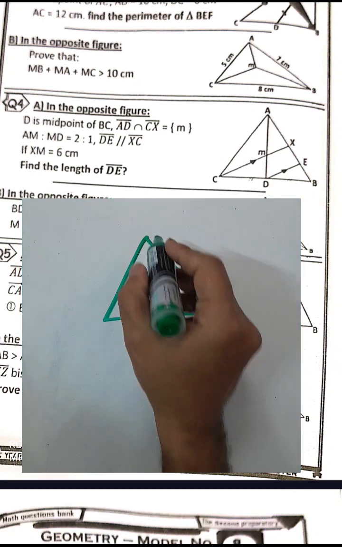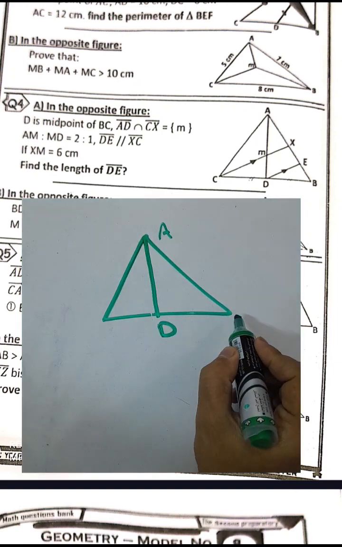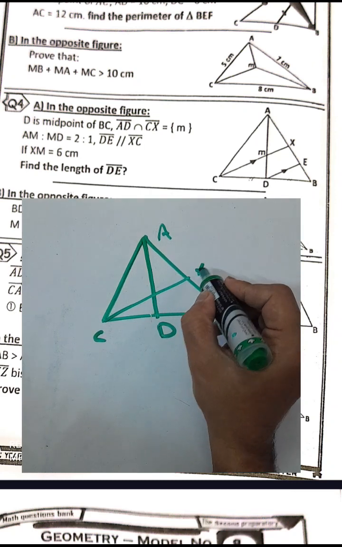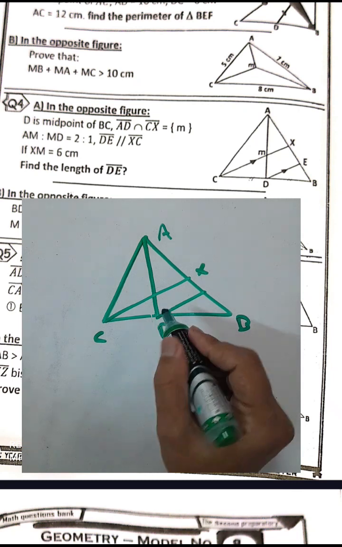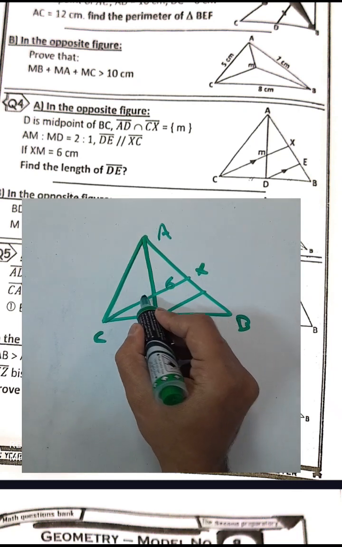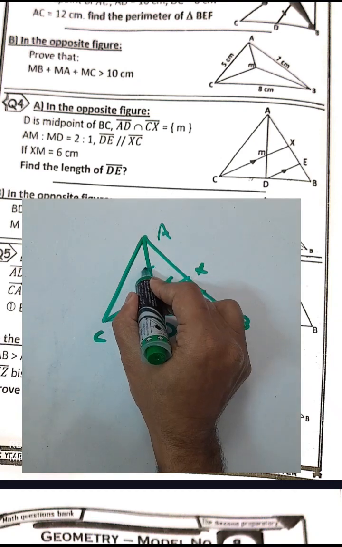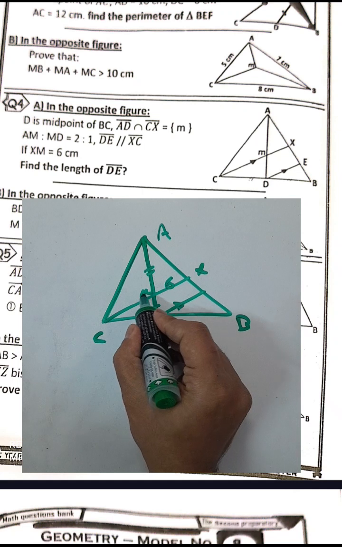We have the triangle and DE, and here B and C. We have DE parallel to this side, MX was 6, and the ratio here is 2 to 1.